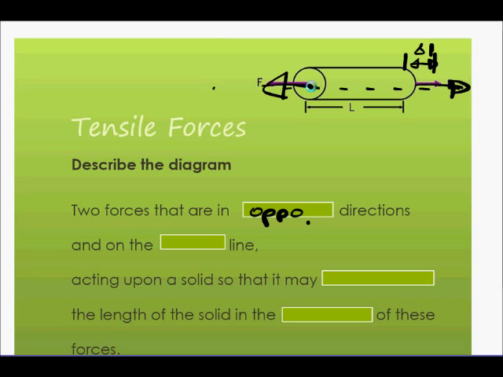You can see if there was a line going through there, they would be on the same line, acting upon a solid so that it may change the length, and it's in the same direction as the forces.